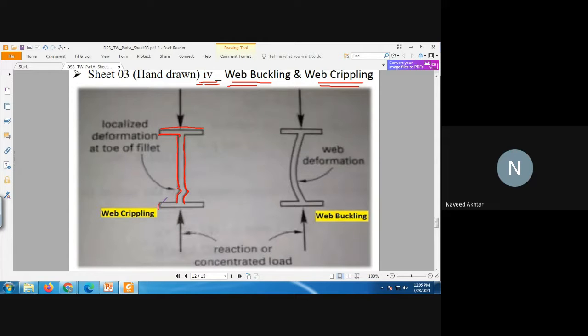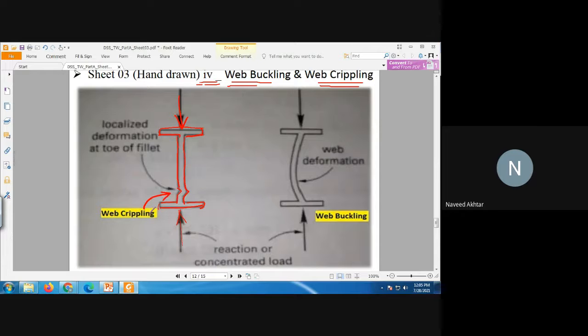So this is nothing but web crippling. You can see the reaction or the shear force, a concentrated load, is there at the I-section, and then a local failure in the web occurs, and this is called web crippling.